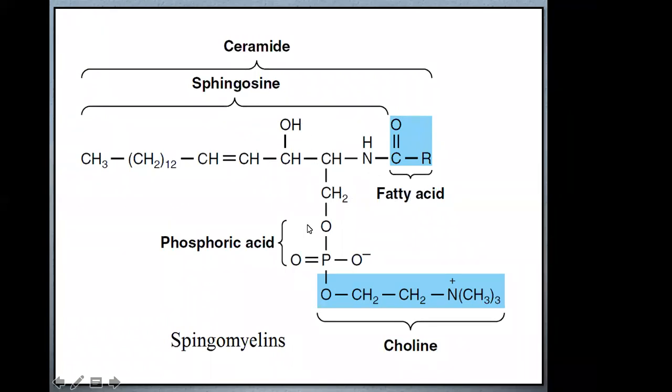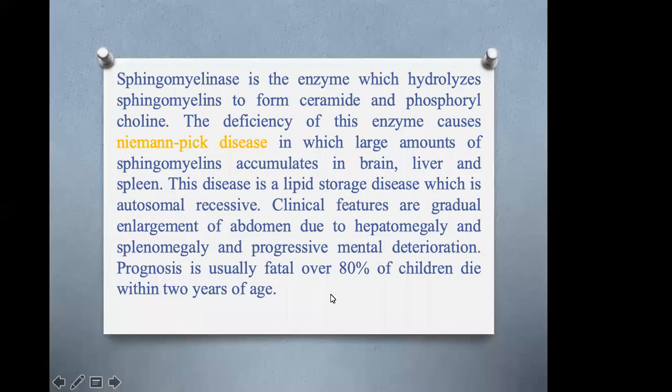So here in sphingophospholipid, in place of glycerol there is sphingosine, which is an 18 carbon compound, and the functional group here is choline. Sphingomyelinase is the enzyme which hydrolyzes sphingomyelin.